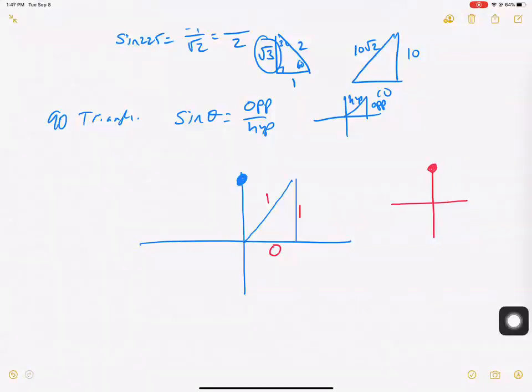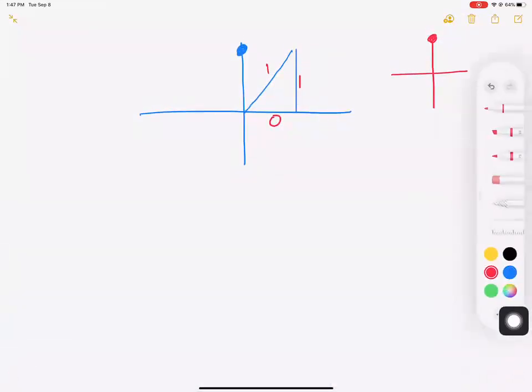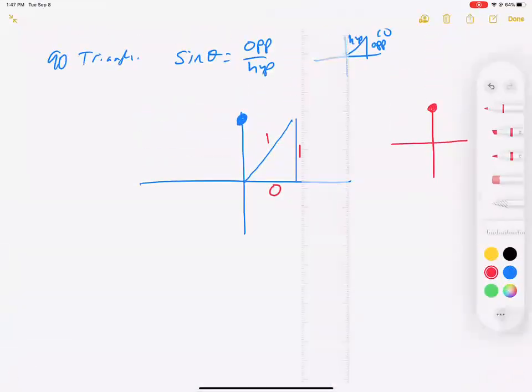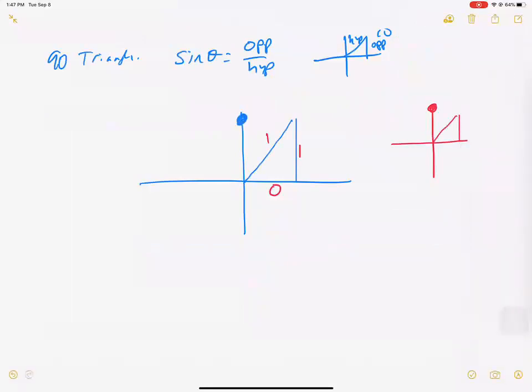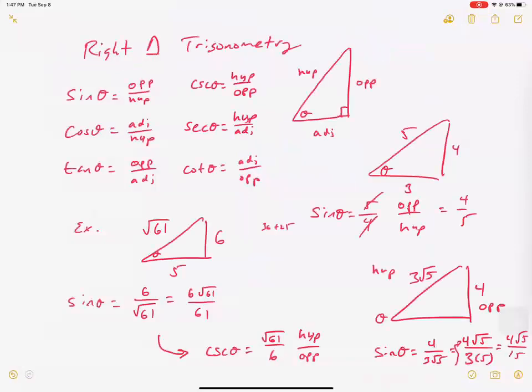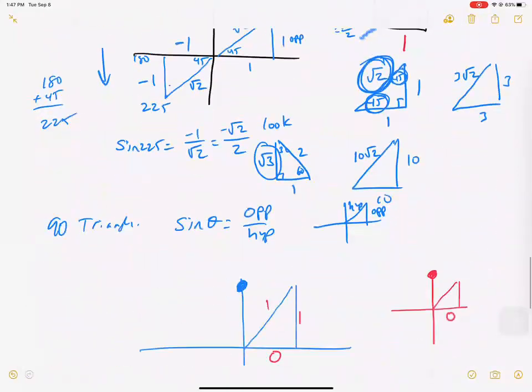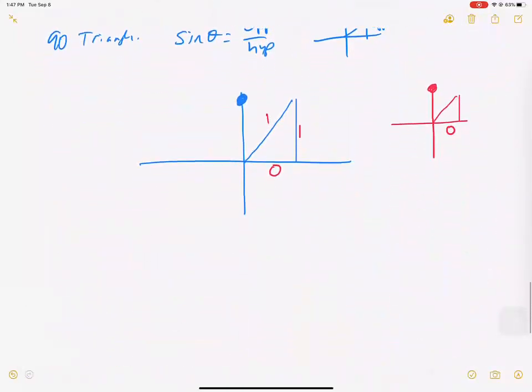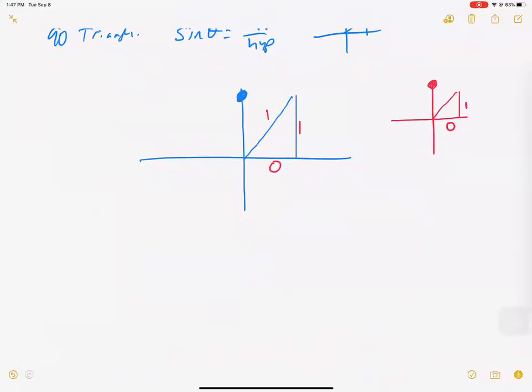I'm gonna pull out a fake side, and then I'm gonna draw a triangle there. My follow-up question is, hey, if I was going straight up, what don't we have? Do we not have an x or a y value? Since it's straight up, we have no x value, but we do have going up, a positive y value, positive 1.